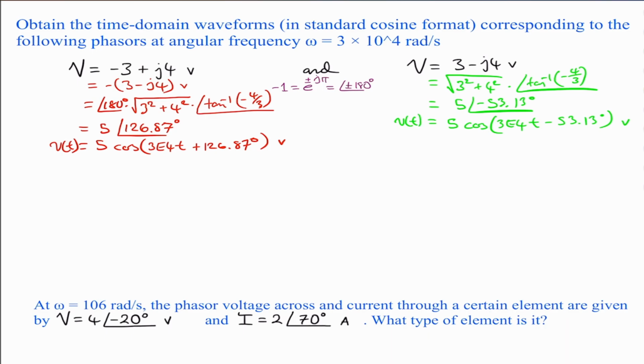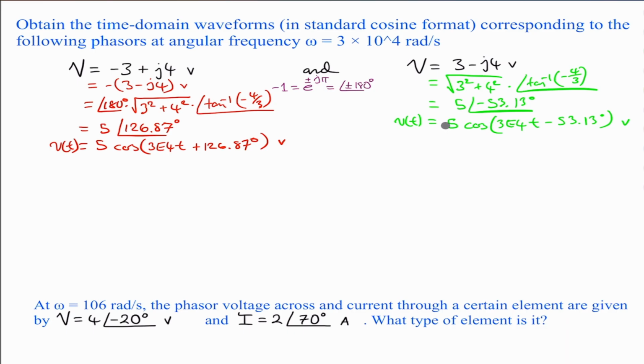So notice that the real part is positive, and thus we did not have to factor out a -1. We end up with our positive cosine here.